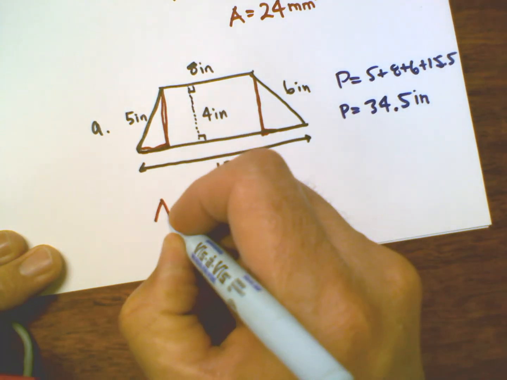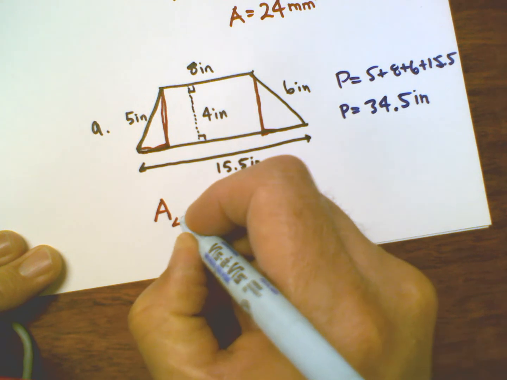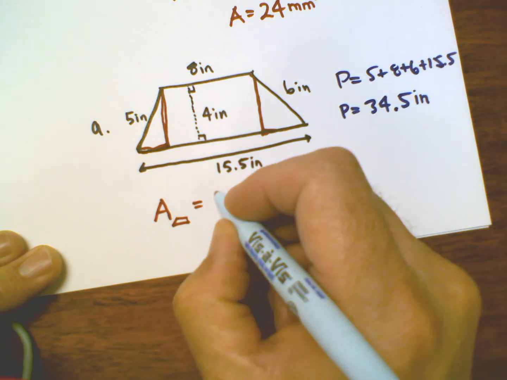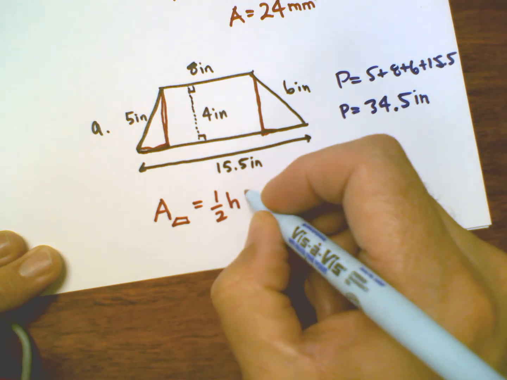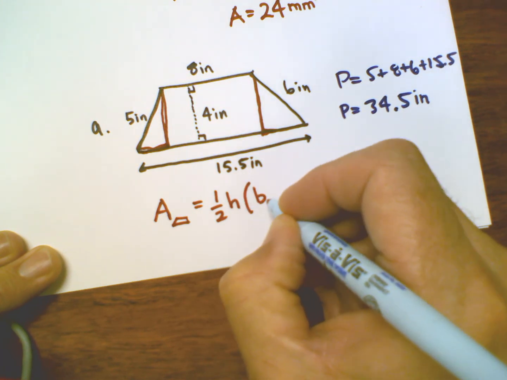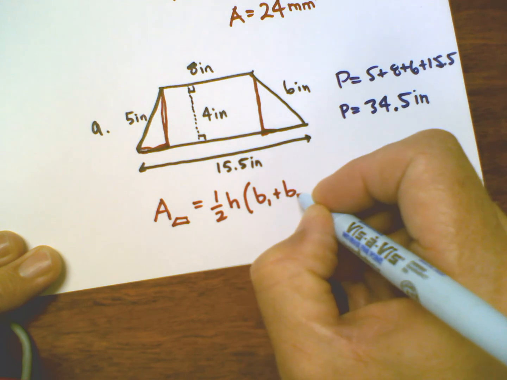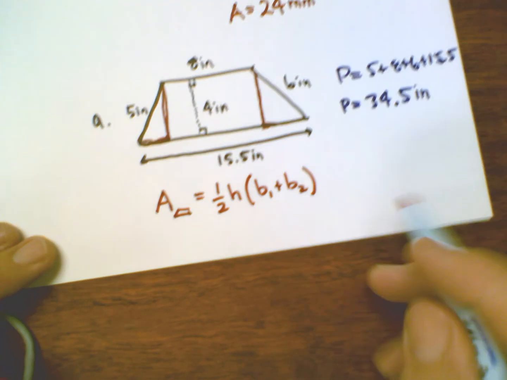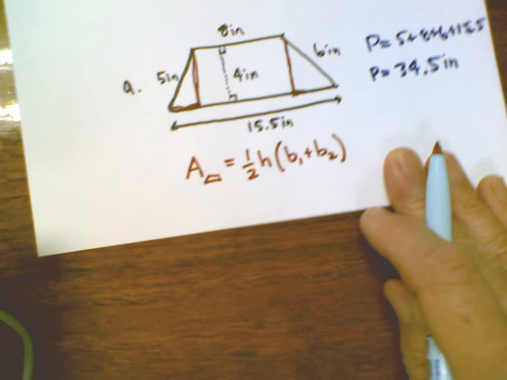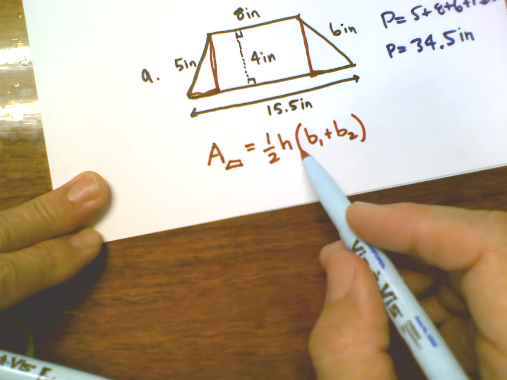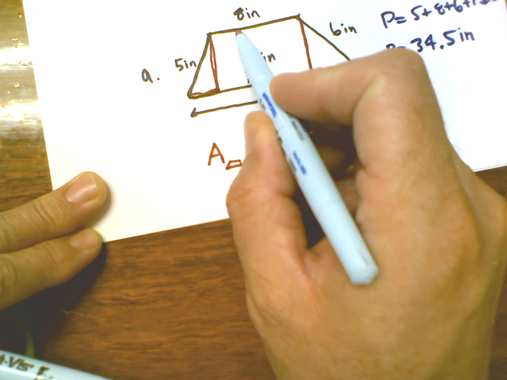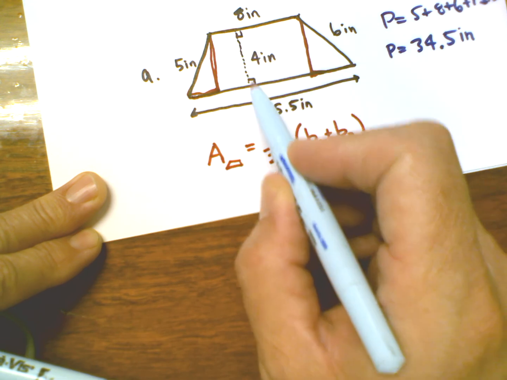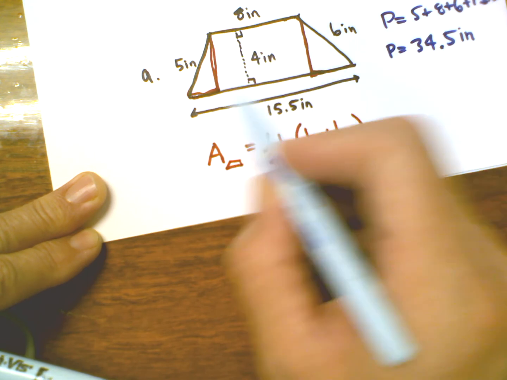You could look at it that way. But the area of a trapezoid, just so we understand, there's a formula. It's 1/2 times the height times the addition of the bases. And there's a proof to this, and someday maybe I'll show you why that's the case. But if I add the bases, remember the base is what's perpendicular to the height. So here's a base and there's a base.